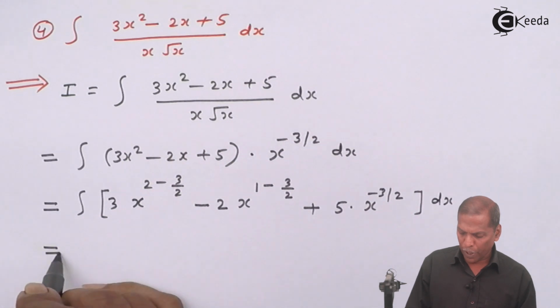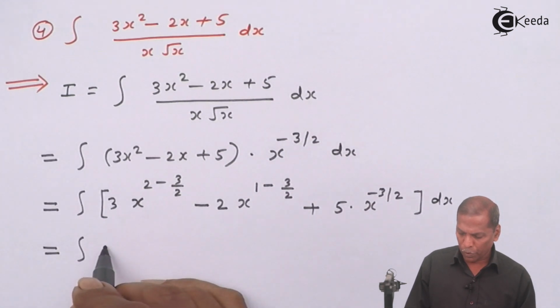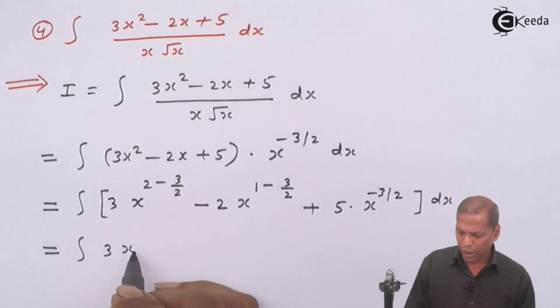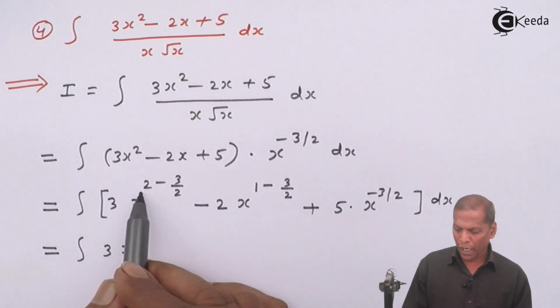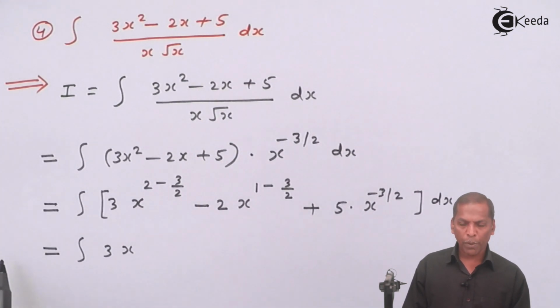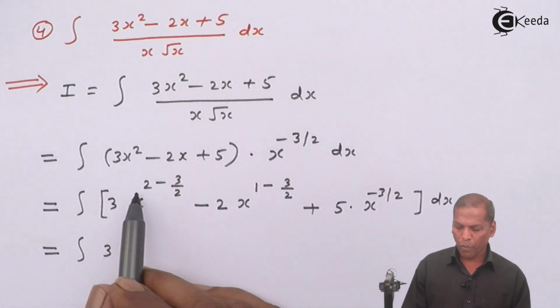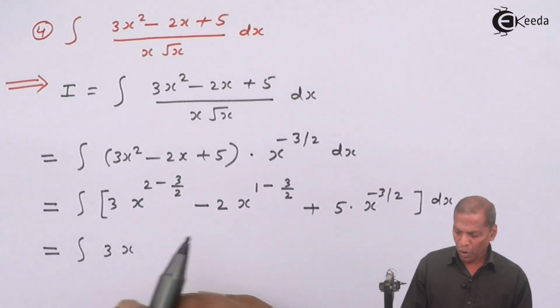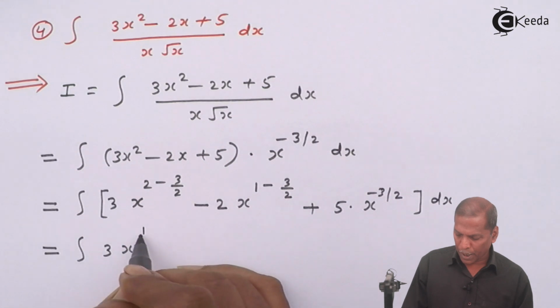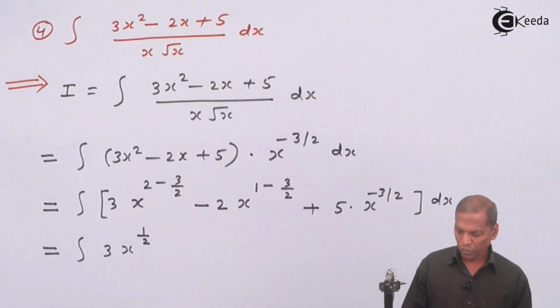Now the next step will be the integral of 3 into x raised, now 2 minus 3 by 2 on cross multiplying we get 4 minus 3 upon 2, it means x raised 1 by 2.